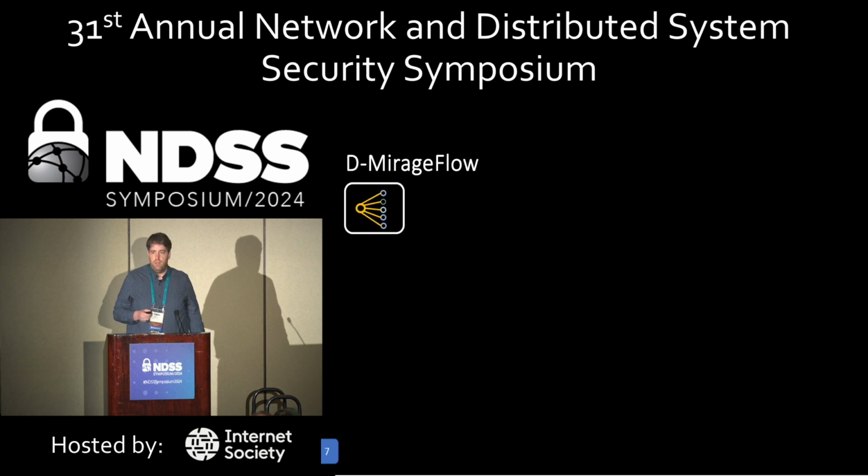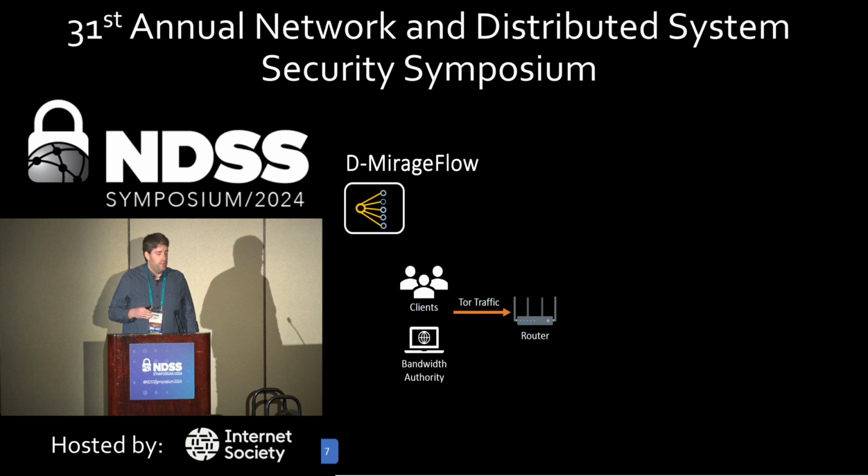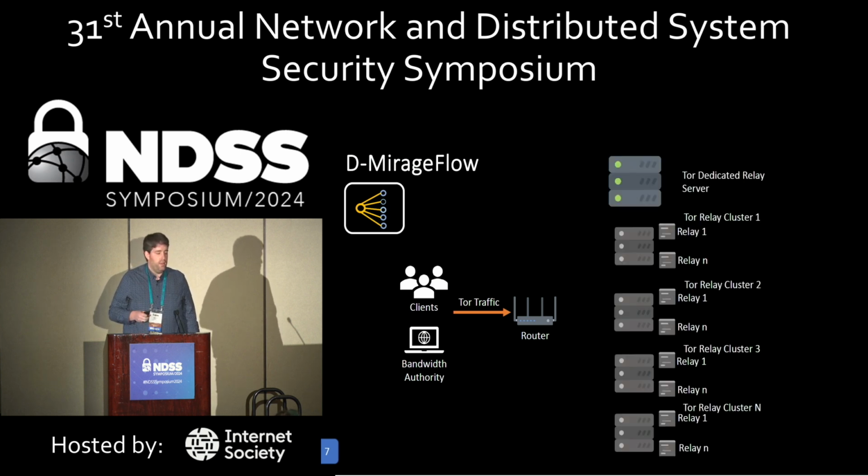If we go to D-MirageFlow, the decentralized MirageFlow, we again have clients and a bandwidth authority creating Tor traffic, but instead of a co-resident server, the input is a router, and behind the router we again have our cluster of relays and one dedicated relay server that has much more bandwidth than the rest of the relays considered in this scenario.